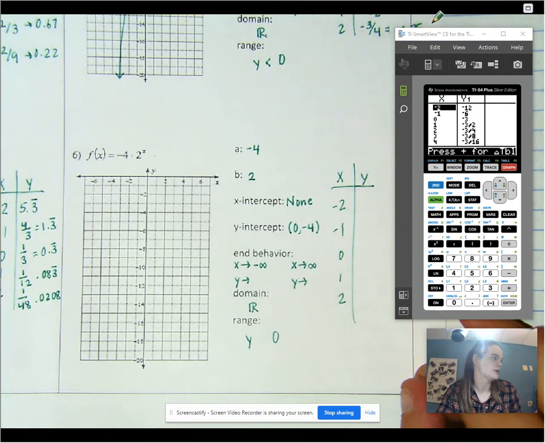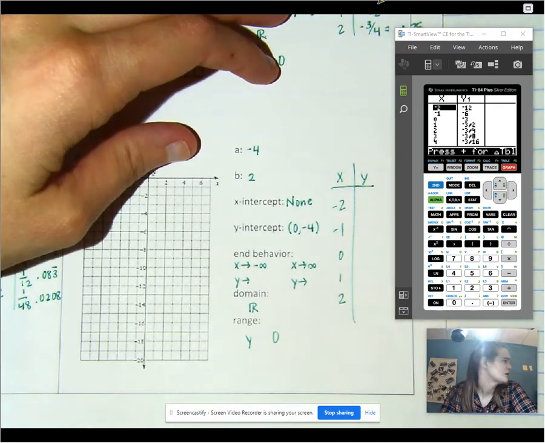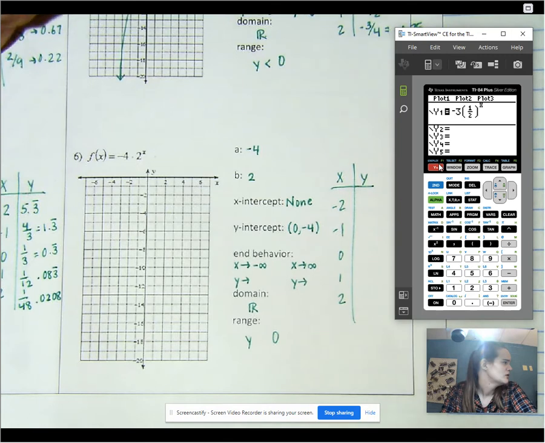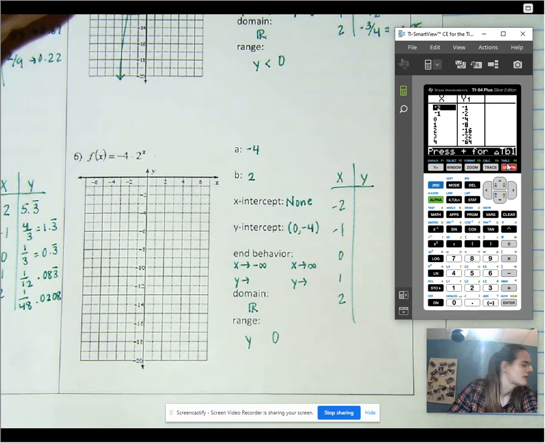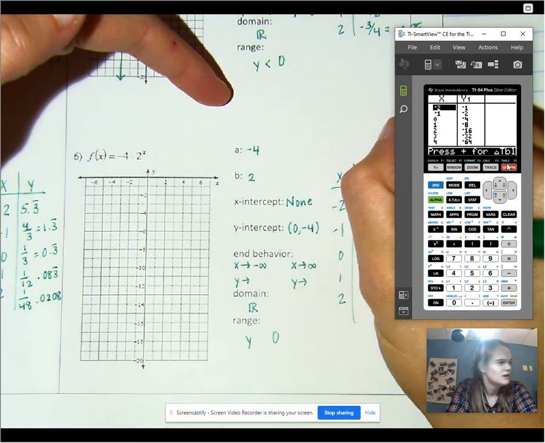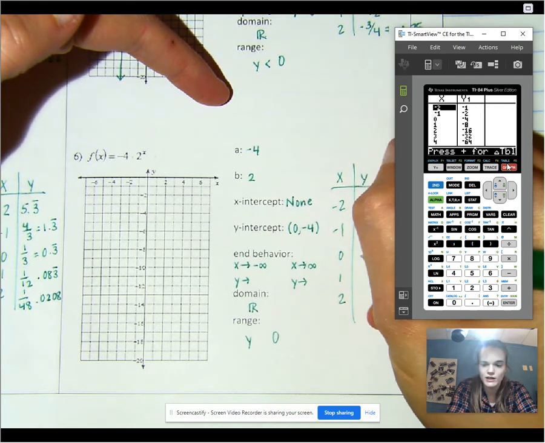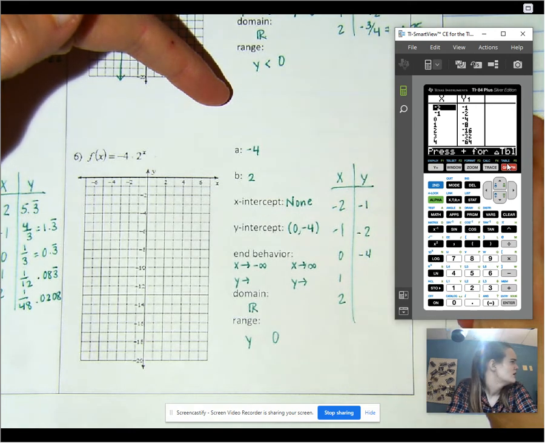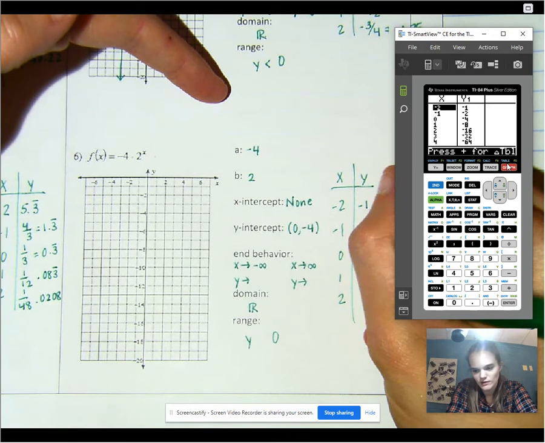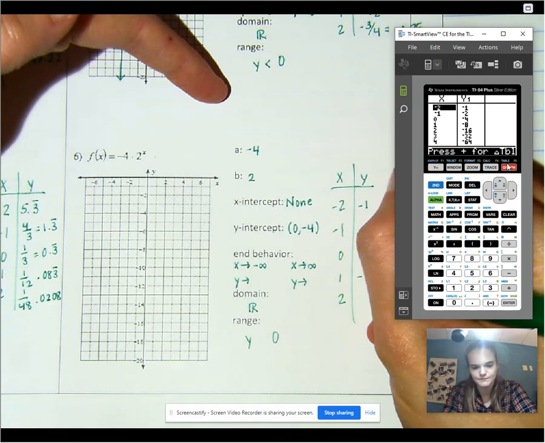Move that before I throw it down. Y equals, clear this out, -4 times 2 raised to the x. Second graph. Negative 2 is negative 1, then negative 2, negative 4, negative 8, negative 16.